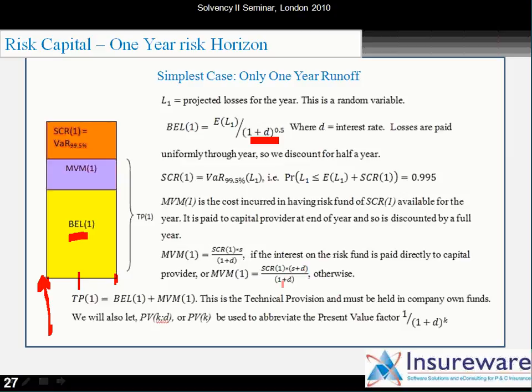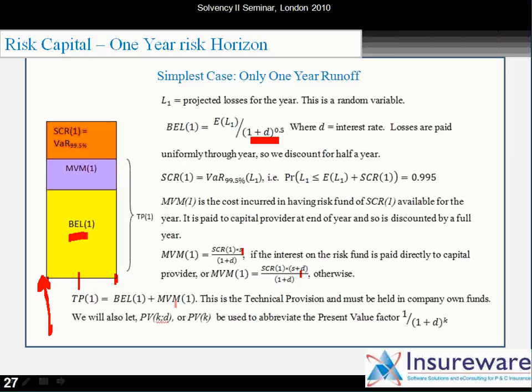So really, whether you invest the risk capital VAR or don't invest it at all, in this formula where you have the S, you substitute the S plus D, and that's pretty easy. The technical provision is the BEL plus the market value margin.